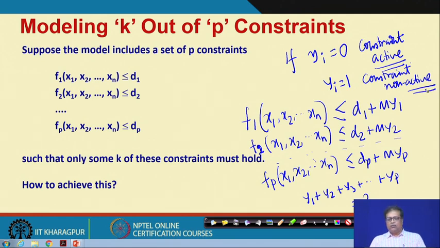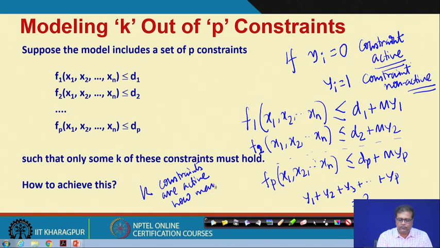So, you see p constraints, k constraints are active, so how many constraints are inactive? Please think over. The inactive constraints will be added to 1, is it all right? K constraints are active, that means k of them are 0.